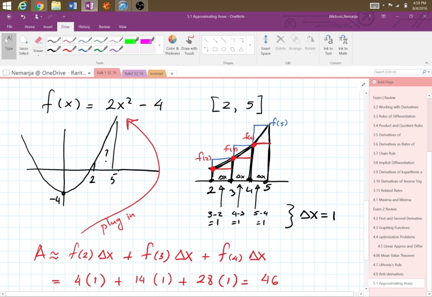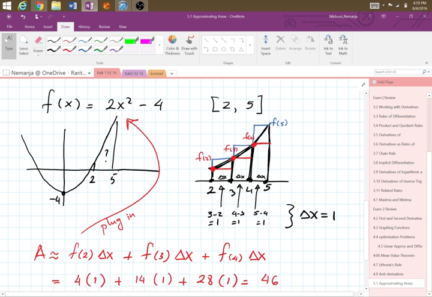So now once you have the region that you want to find the area for, you can draw that region, similar looking region on the side, bigger, and partition that region.